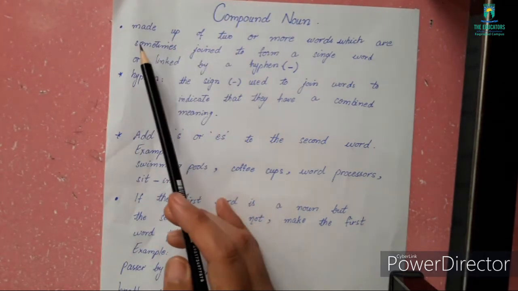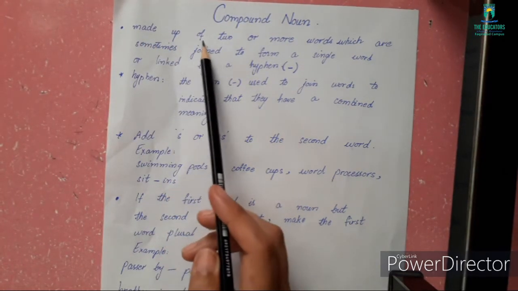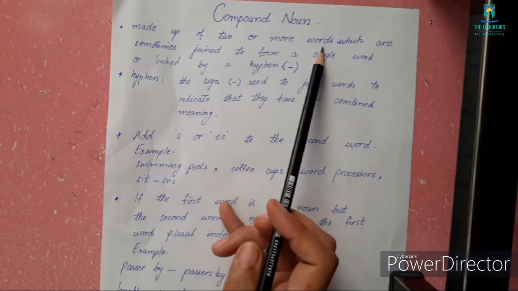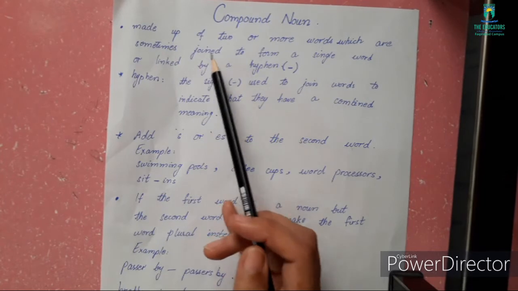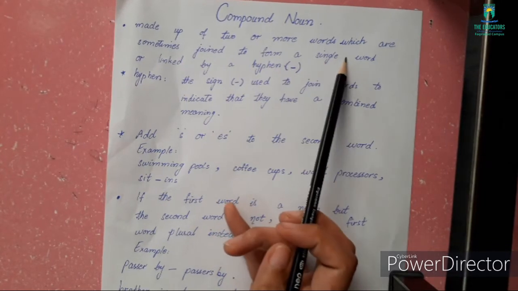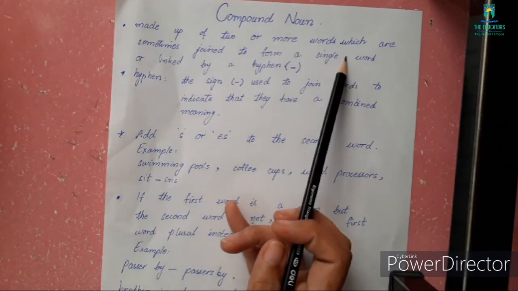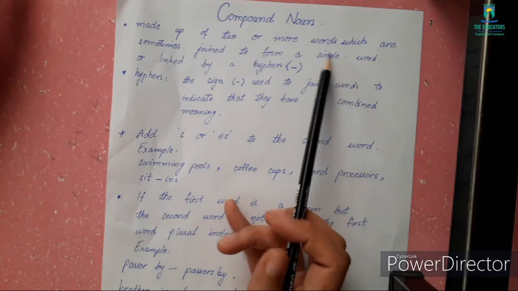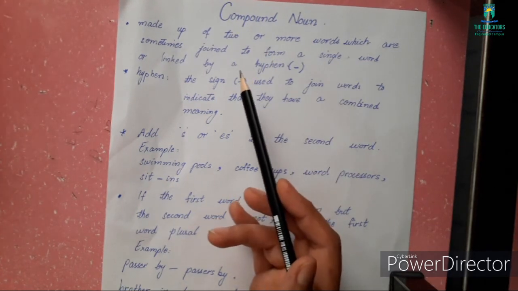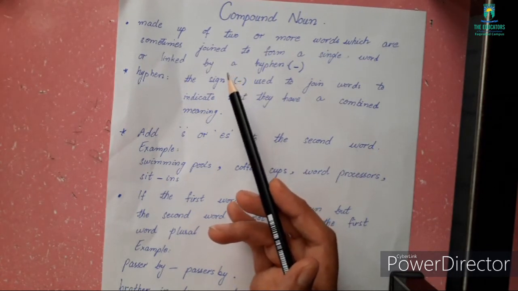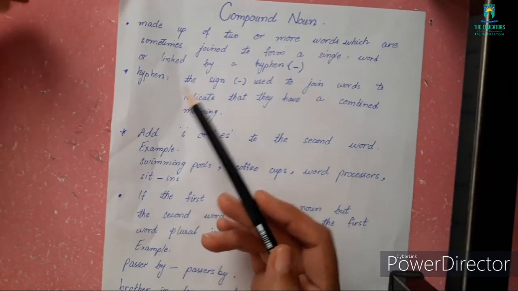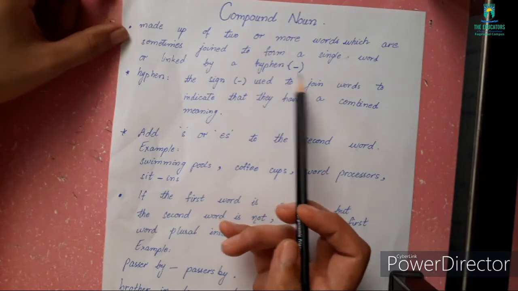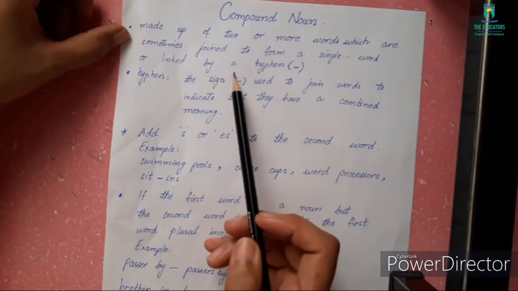A compound noun is made up of two or more words which are sometimes joined to form a single word, a new word, or linked by a hyphen.